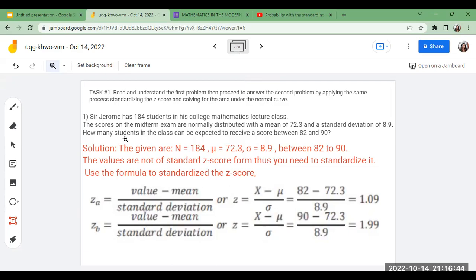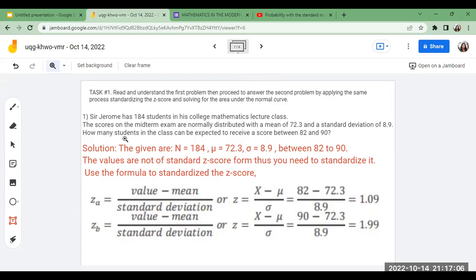Since it is between, so we will find the area for 82 and 90. Ang gagamitin natin dyan is yung parang si case number 3. I-apply natin yung case number 3. But first, we need to get the standardized form of the normal value.